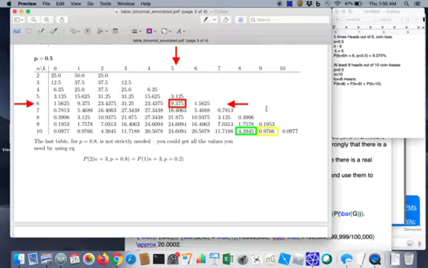And that last one is the probability for 10 heads out of 10 coin tosses. It's possible. Of course, quite unlikely.